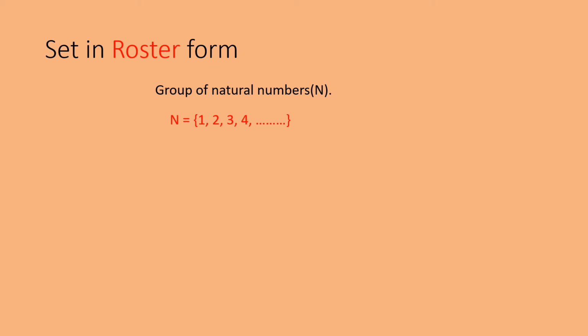Why is that so on? Because natural number can go till infinity. Same way, whole number we indicate with W, and in the roster form W equals to 0, 1, 2, 3 dot.